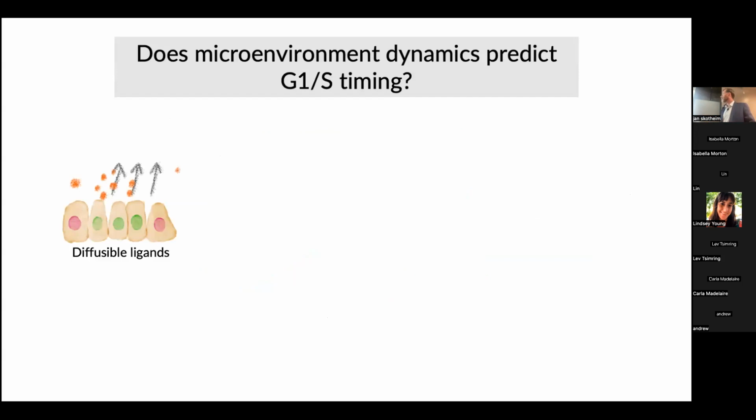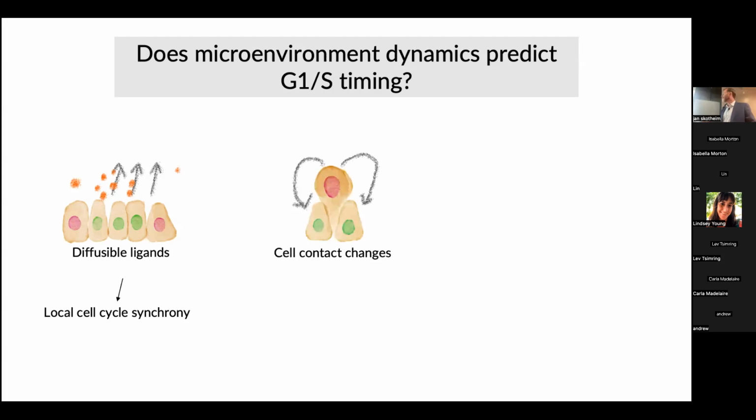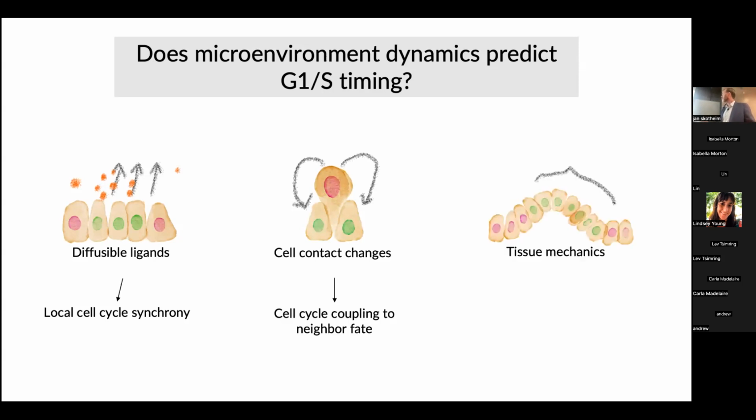To do that, we thought, well, there's a bunch of different mechanisms, right? You can imagine there are diffusible ligands that would lead to local synchrony. You can imagine there'd be shared contacts, which could also drive local synchrony, or local tissue mechanics would be specific to some particular area. And that would also be predicted to lead to some kind of local coupling of the cell division.